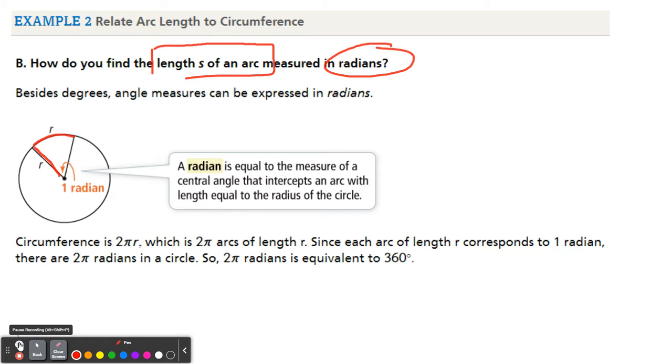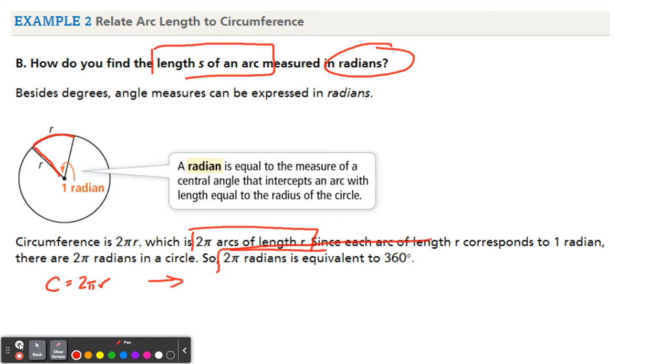So first of all, let's understand if the circumference is 2 pi r, which can be interpreted as 2 pi arcs of length r, right? 2 pi arcs of length r. So this r, we would wrap 2 pi of them around the circle.